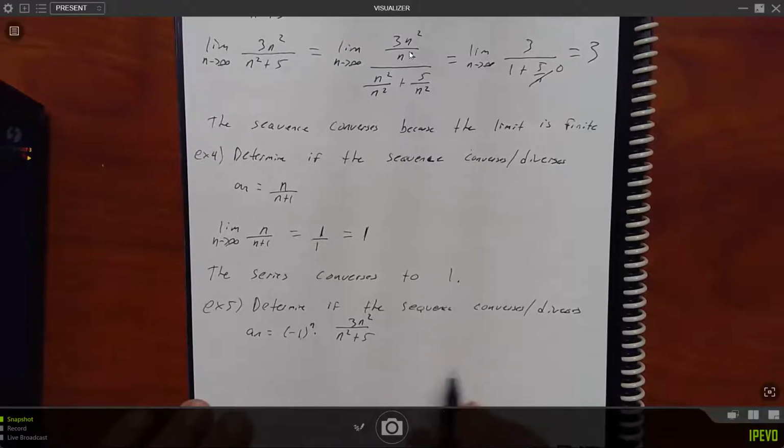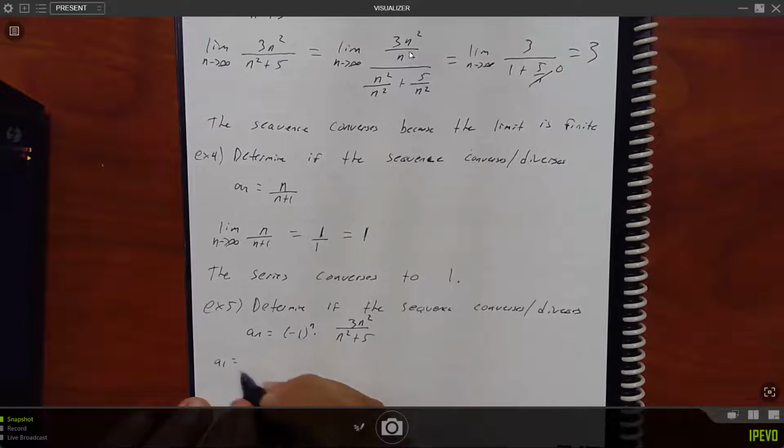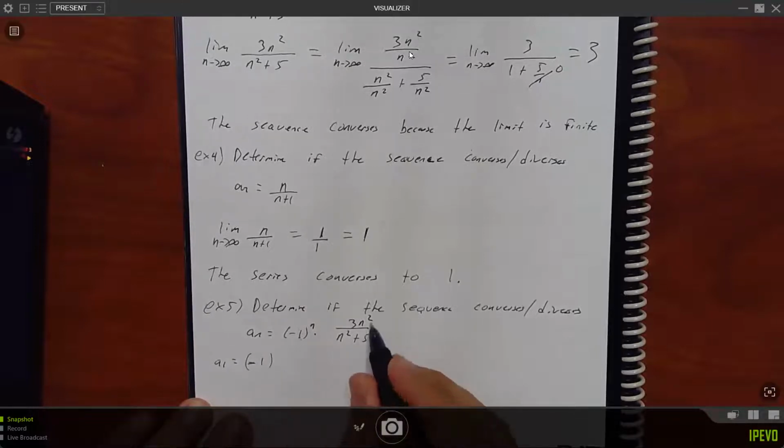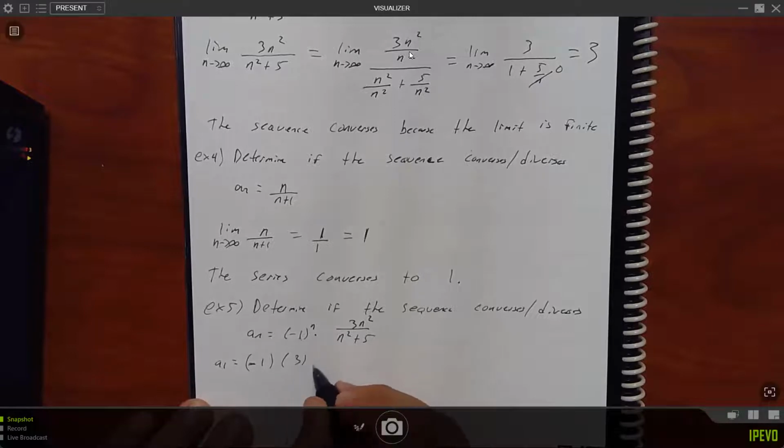All right, let's plug in some numbers. A sub 1 is going to be -1 to the power 1, so it'll be -1 times 3 times 1 squared over 1 squared plus 5, right? So 1 plus 5.